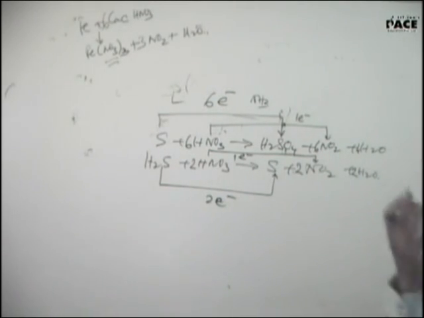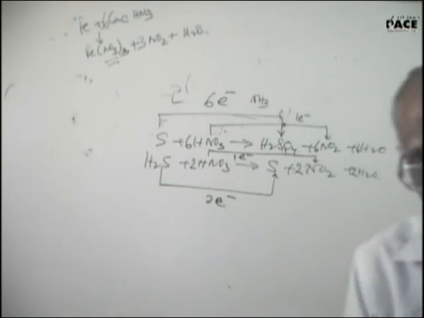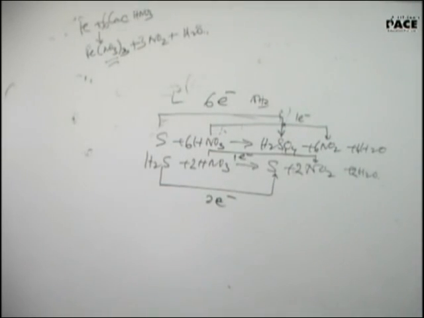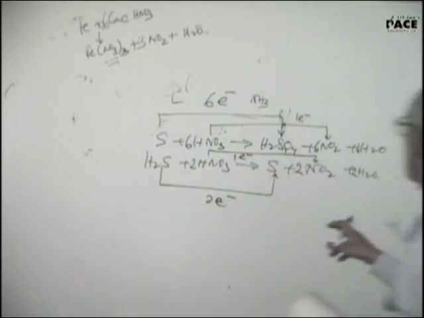Because H2S is reducing in nature, so it resists undergoing oxidation, so it can go up to sulfur. But sulfur is not reducing in nature, so it can go to the higher oxidation state more readily than H2S.